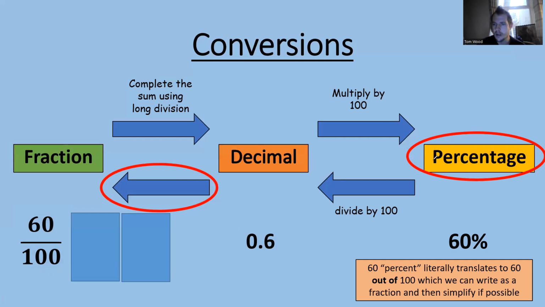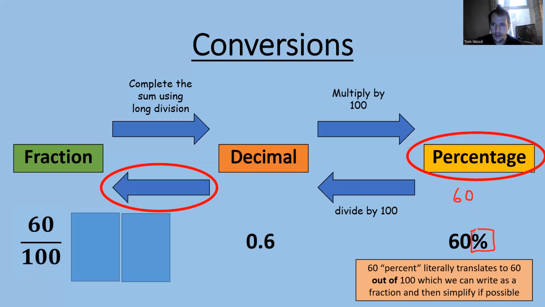The wording itself, percentage, just means out of 100. The percentage sign just means out of 100. It's the exact same as writing over 100. So this is why, for me, it's easier to go from a decimal to a percentage.